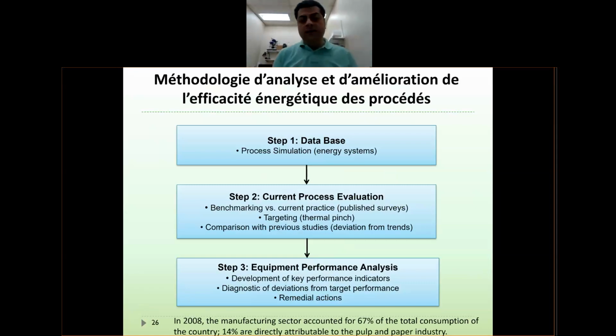So there is a systematic approach that I want to propose here, that you can take in order to study how you can improve energy efficiency in your process, and then apply some projects or solutions to improve the energy efficiency of the process.